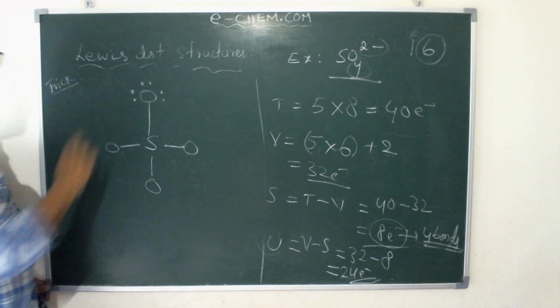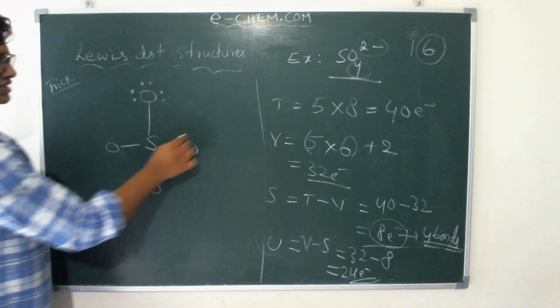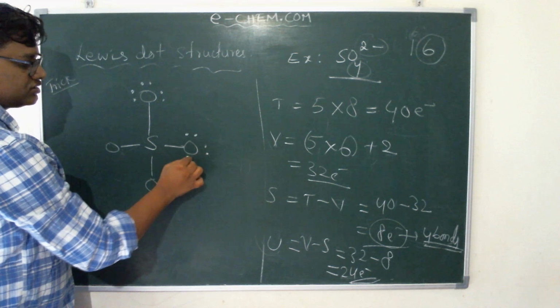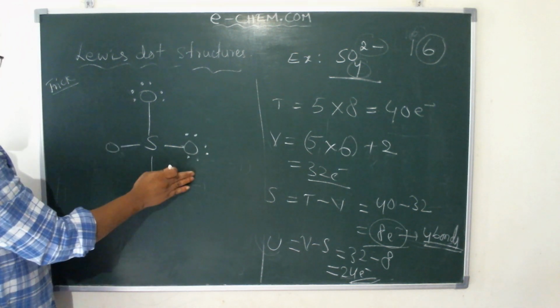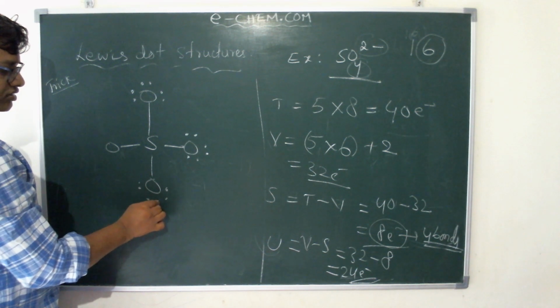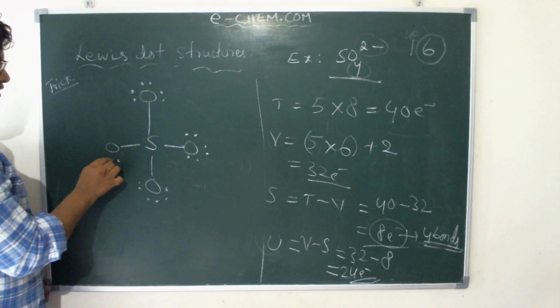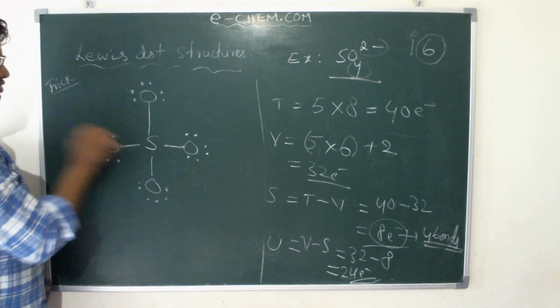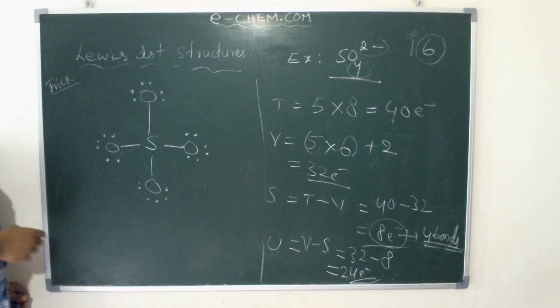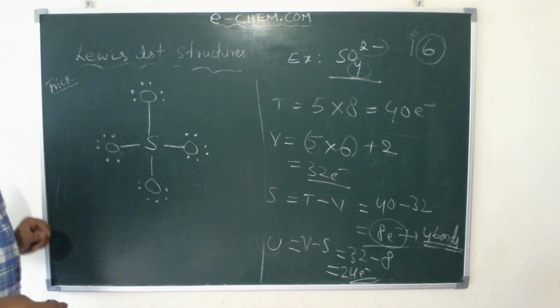I am distributing 6 electrons to this oxygen, so among 24, 12 gone. 6 more electrons here, 6 more here, 18 gone, and 6 more electrons here. So a total of 24 electrons are distributed. Now check each and every atom is in octet according to Lewis.